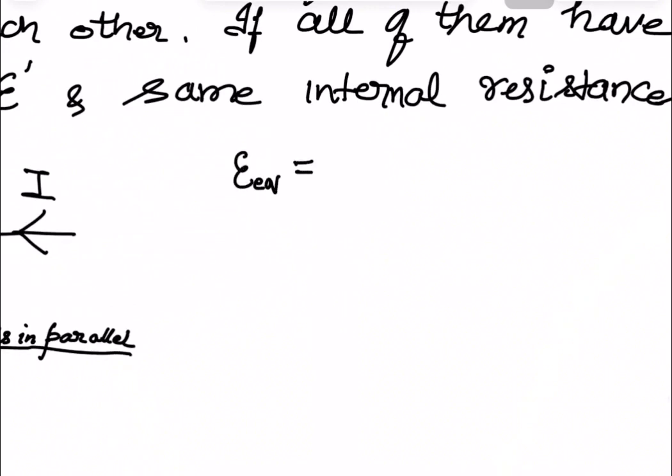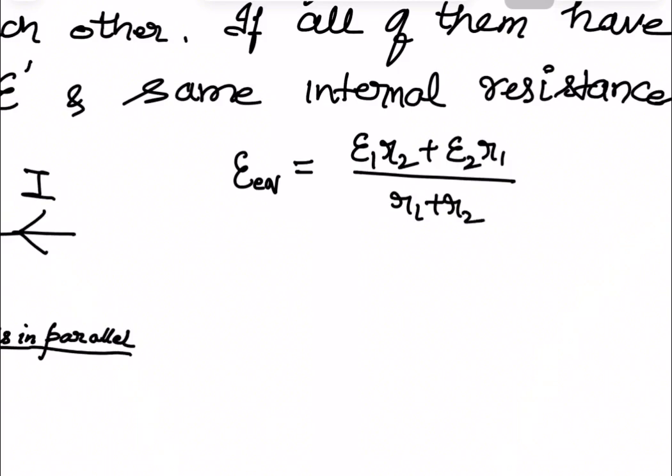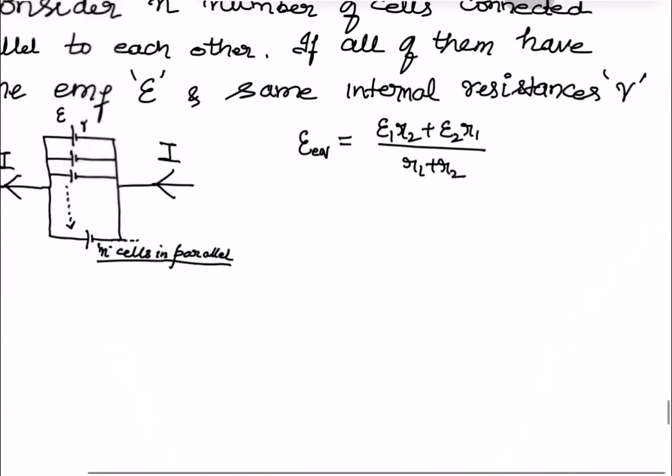Let us take the case of two cells when they are connected in parallel. We have found that its equivalent EMF can be written as E1 R2 plus E2 R1 divided by R1 plus R2.